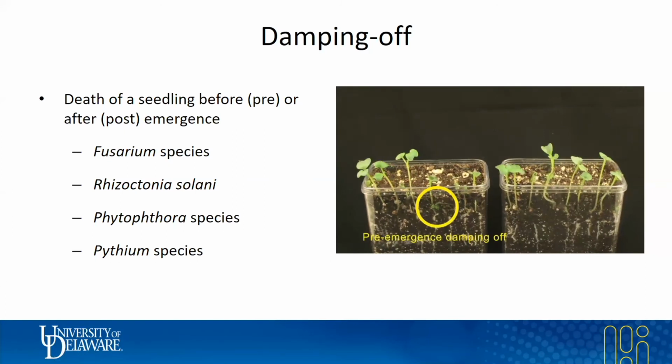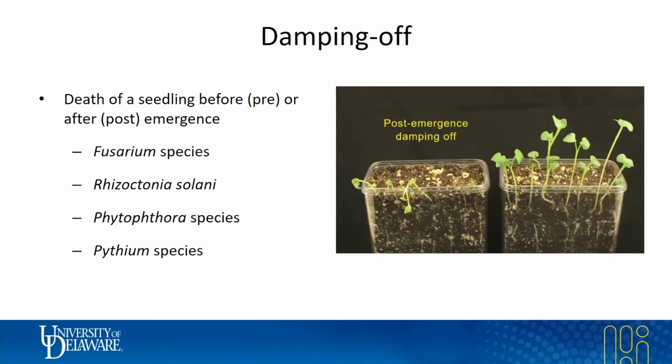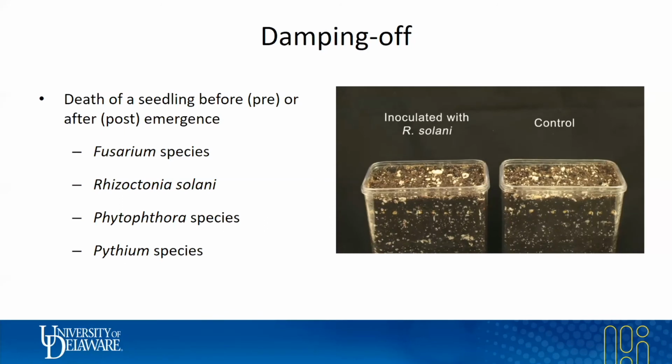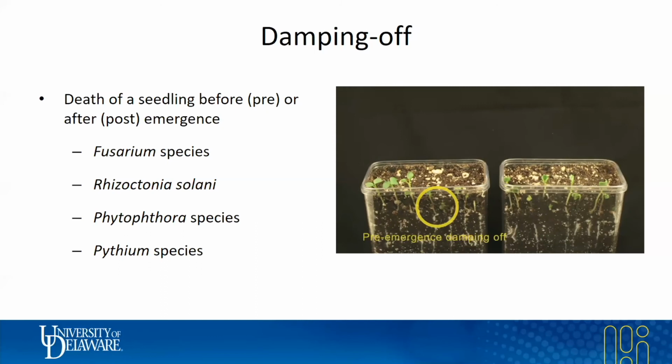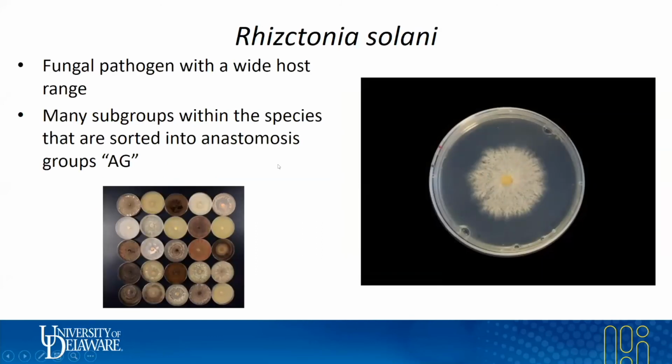But what's happening is that there's actually multiple types of organisms that can cause damping off. This could be Fusarium species, Rhizoctonia, Phytophthora, or Pythium. And it's important to think about which organism so that you can make the right approach to managing it.